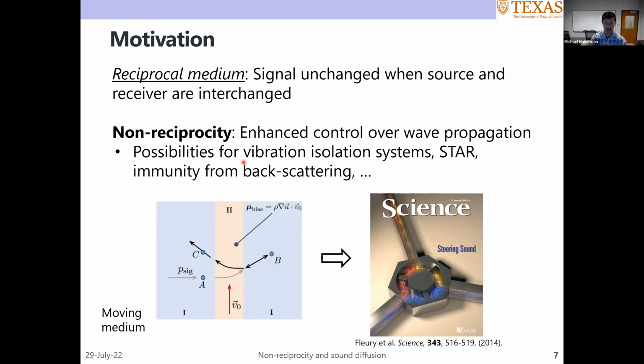There are some interesting ideas of vibration isolation systems, sensing vibration without being sensed, these types of things, STAR, which we call simultaneous transmit and receive, being able to transmit from one antenna or one array in one direction while receiving simultaneously in another, eliminating backscattering effects, or at least controlling how that may be.